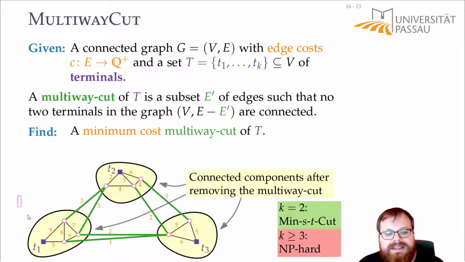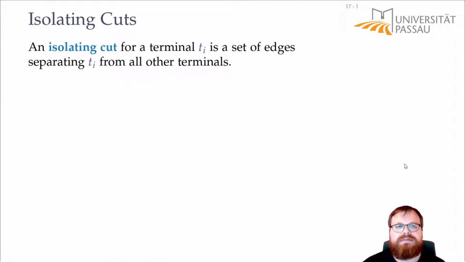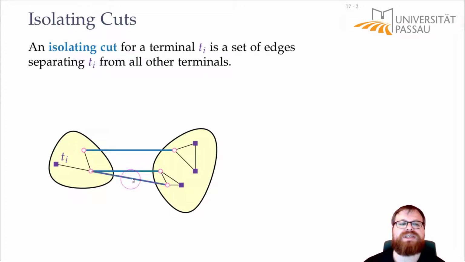Then we need some cut that cuts T1 away from everything else, and something that cuts T3 away from everything else. And if we do that, then we find a valid solution. And these cuts that just remove one terminal from all the others are called isolating cuts. So if we have some terminal Ti, then an isolating cut for this terminal is a set of edges that, if we remove those, separates the terminal from all the other terminals. So in this example, the blue edges form an isolating cut.